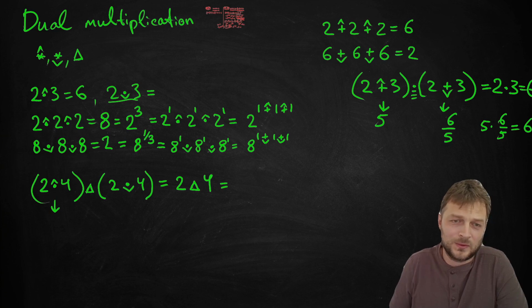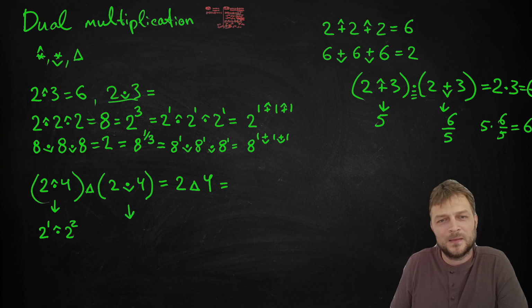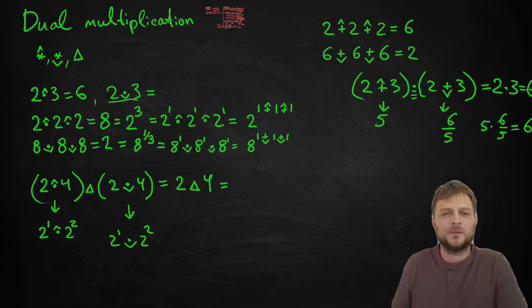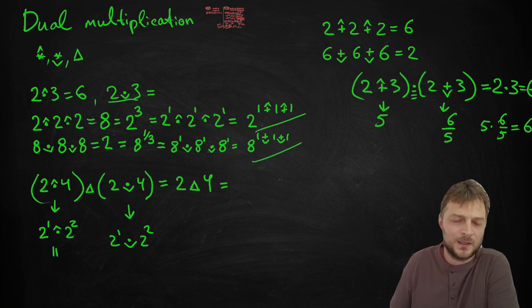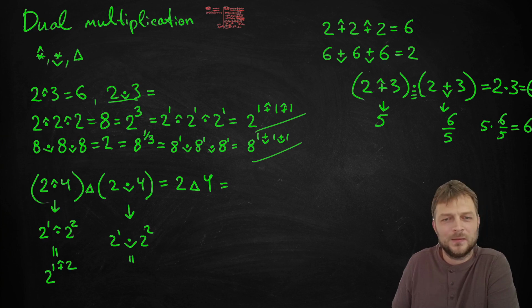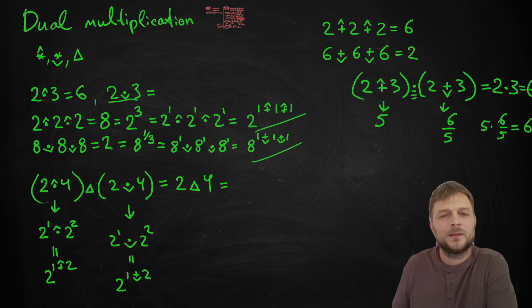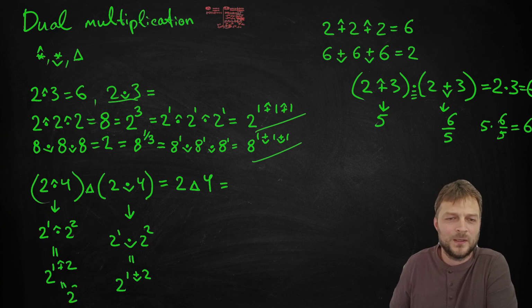This is 2 to the power 1 multiplied by 2 to the power 2. Let's use this rule similar to this. Here, in our case, this is equal to 1 plus 2. This is equal to 1 dual plus 2. So this is equal to 2 to the power 3.